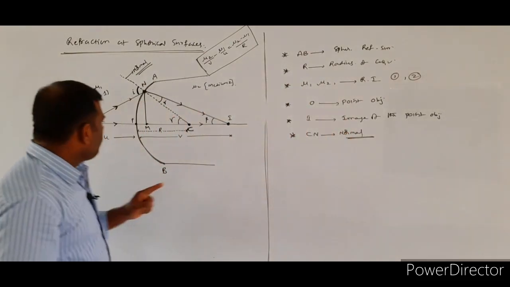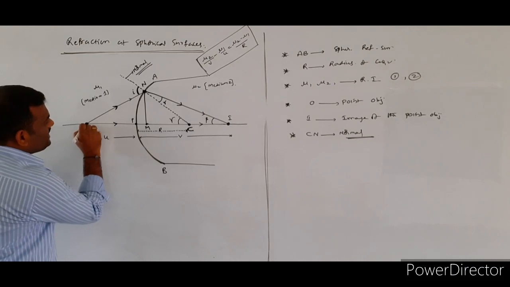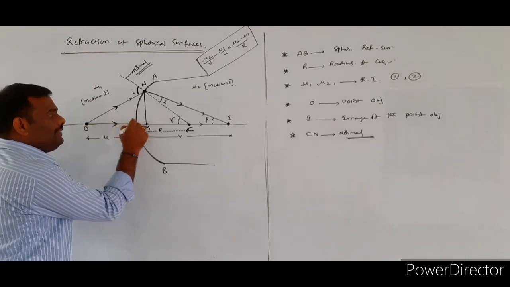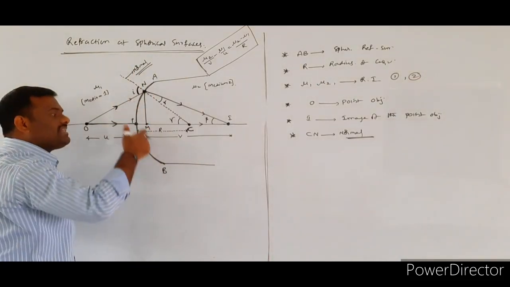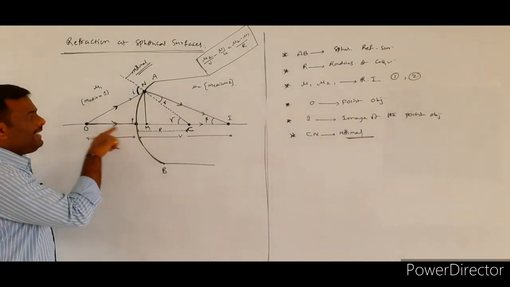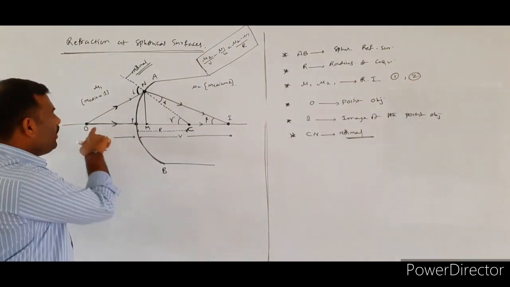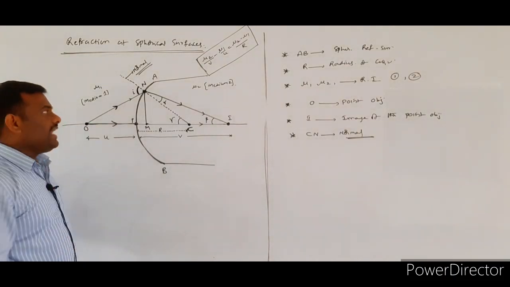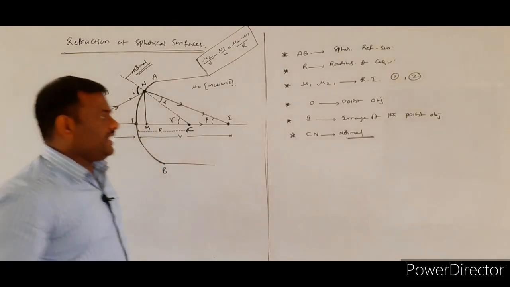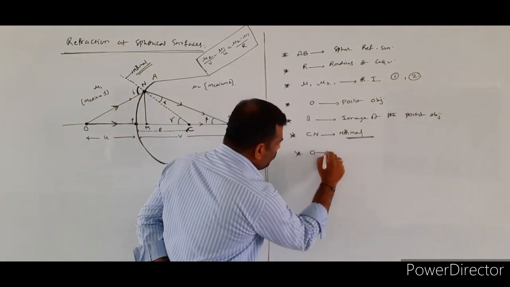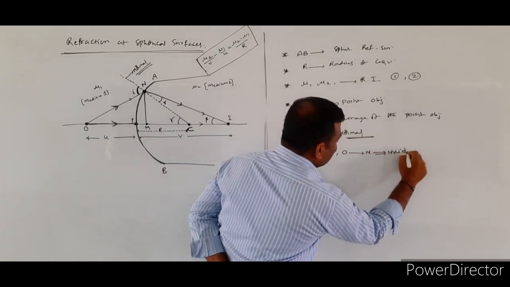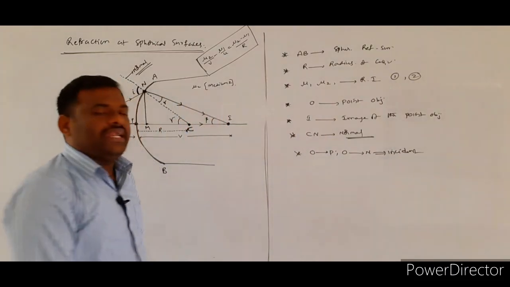The first incident light ray is incident in the direction O2P, on the spherical refracting surface at the point P. So O2P indicates the first incident light ray, and O2N indicates the other incident light ray. O2P and O2N are the incident light rays.